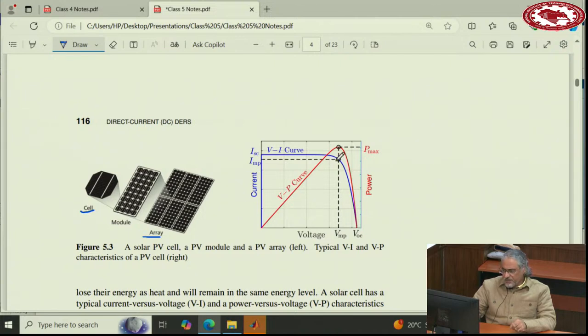So you will immediately see that there is one single point where the maximum power happens, and there is one single voltage such that if you bias the panel at that voltage, you are able to extract maximum power from this solar panel. So this is called short circuit current, this is called open circuit voltage, this is called maximum power voltage, and so on. And this is maximum power.